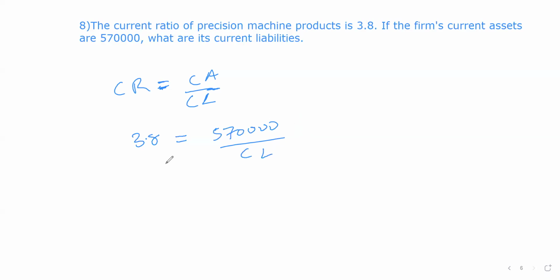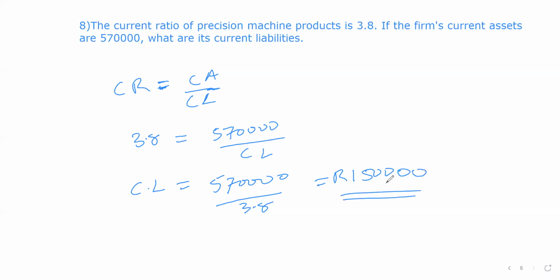So basically CL, if we were to make it the subject of the formula in this equation, CL will just be 570,000 divided by 3.8, which is 150,000. Those are the current liabilities for that business.